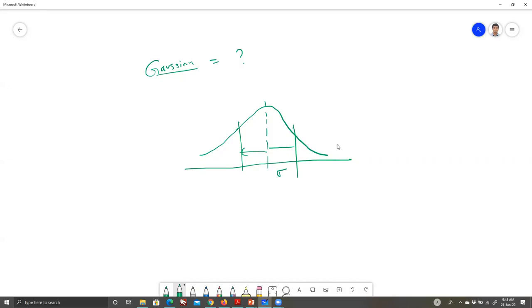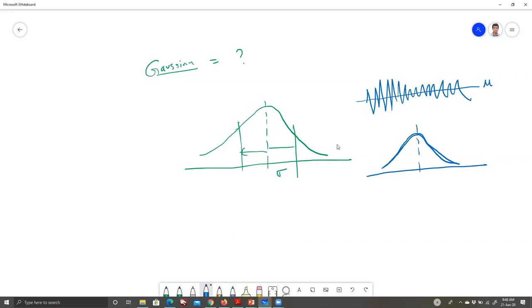Okay, let me explain this in a slightly different way. One purpose of Gaussian is, let's say you have very high frequency values, or the values are changing a lot, but there is a mean, so this value is the mean.